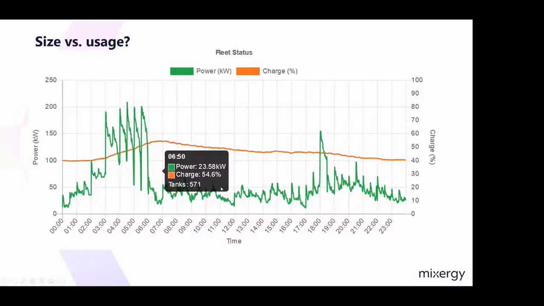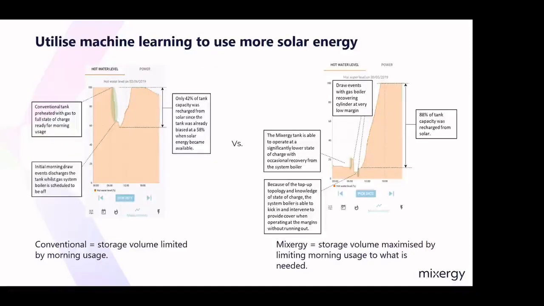So those 571 customers with a thermal battery storage cylinder would have wasted just over 40% of their heat in standing losses. So we can start to challenge the norm and store less energy in water as usable heat, but it also gives us the ability to then utilise energy storage from things like PV or cheap electricity tariffs. And this is where machine learning can come in.